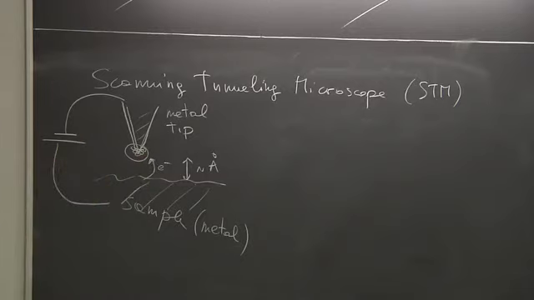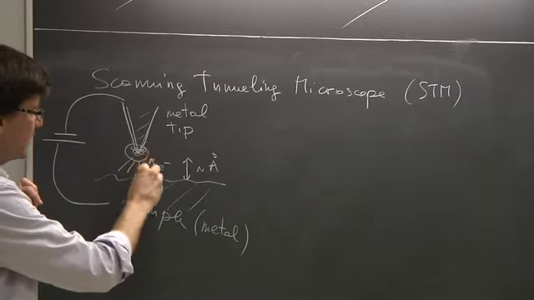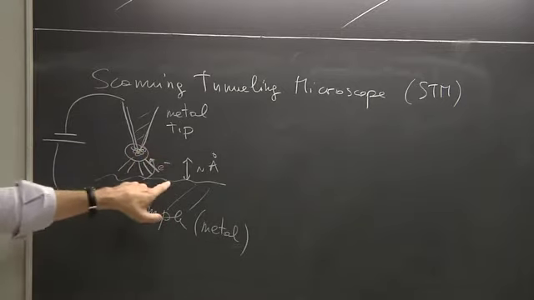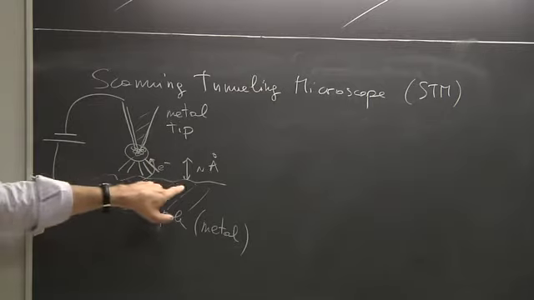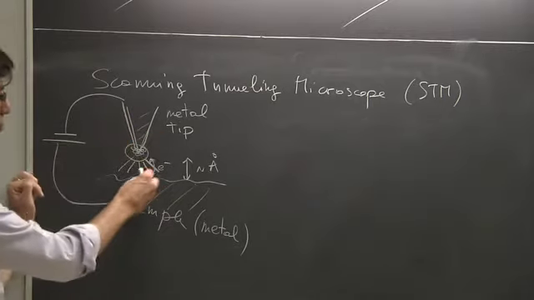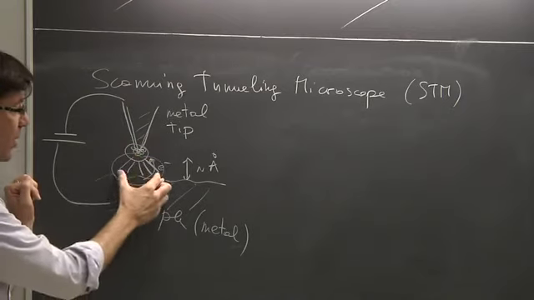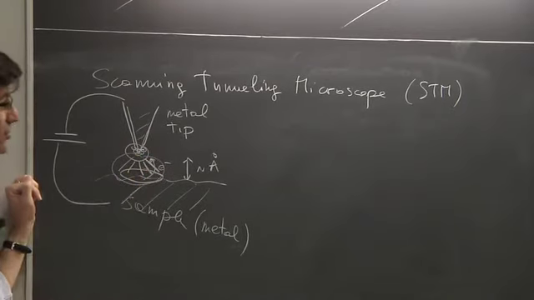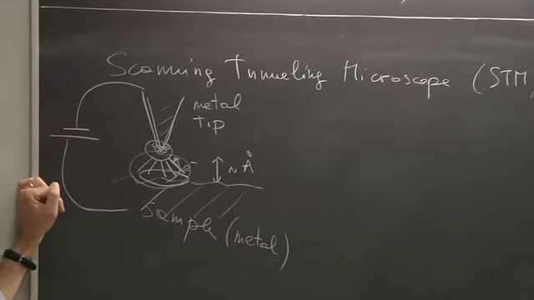Now, the interesting point is that this current has an exponential behavior, because it's the overlap between the exponential tails of the wave function. So if you consider the current from a three-dimensional perspective, you will have electrons coming from all places in the metal. Clearly, this distance is going to contribute to the current only for an area which is also of angstrom size, right?